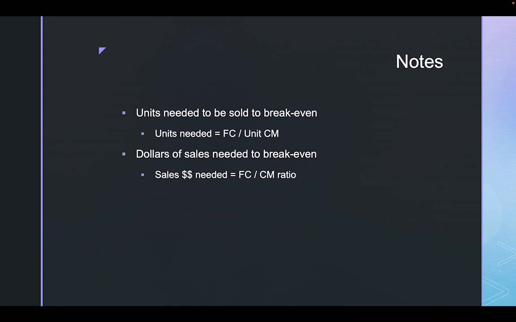In my brain, units go with units, so just match them up. If I'm looking for sales dollars needed, that's not a unit, so I don't put the unit CM in the denominator. In other words, no units also match. Sales dollars is not a unit number, so I don't use unit CM. I use the CM ratio instead. So units with units, no units with no units. That's how my brain works on that.